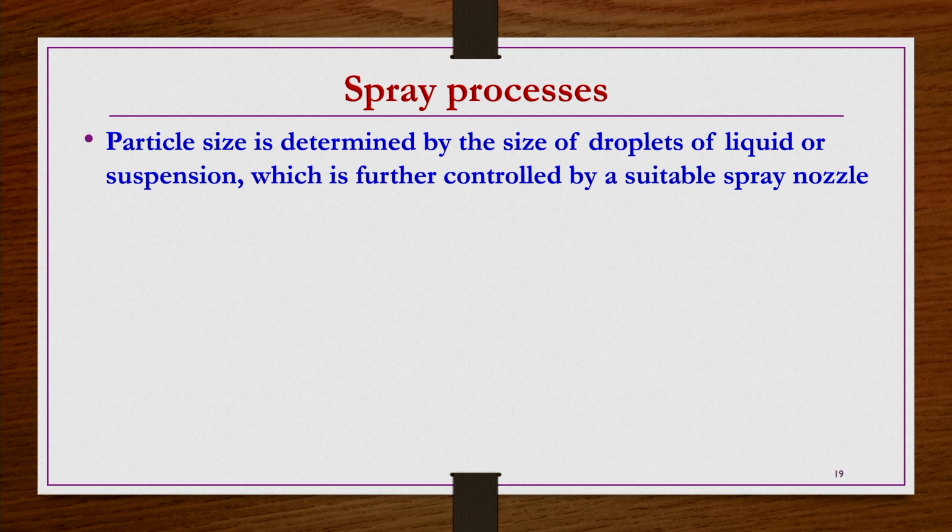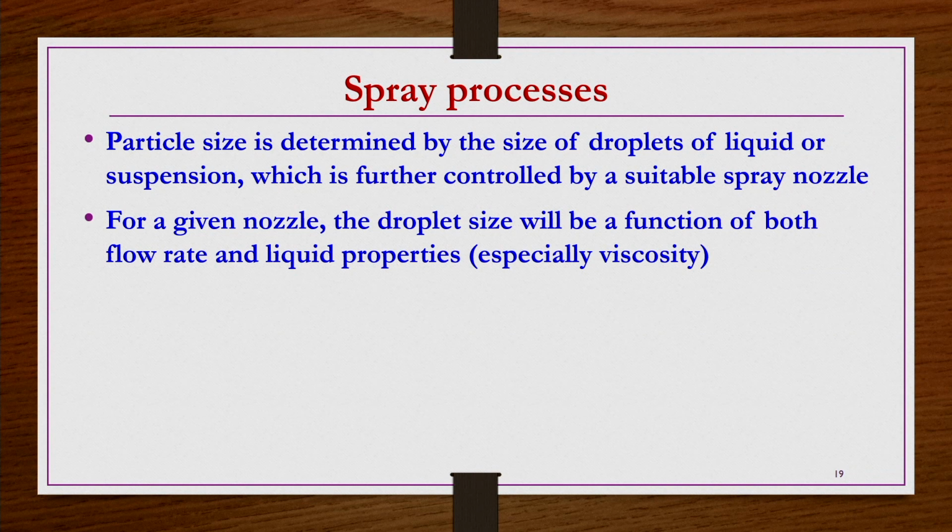In general, in spray processes, particle size is determined by the size of the droplets of liquid or the suspension which is being used, which is further controlled by a suitable spray nozzle. Depending on the spray nozzle, the size of the droplet will be there, and depending on the size of the droplet, the particle size or the granule size will be determined. How big a granule are you going to get?